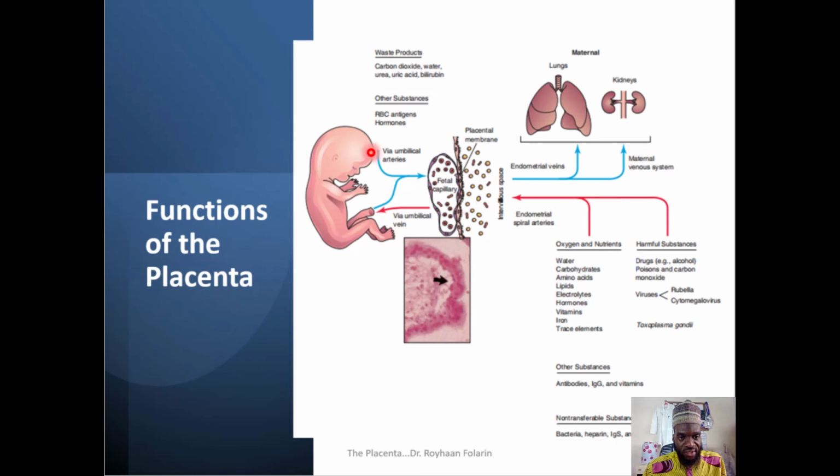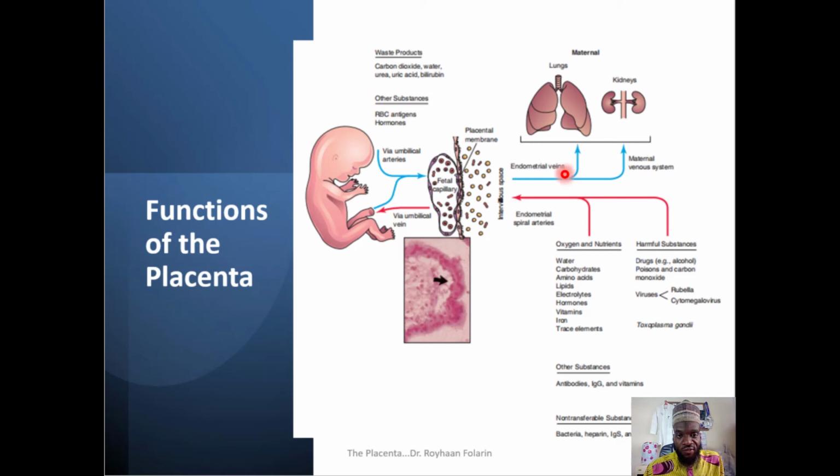And then we have the umbilical arteries going out through the umbilical cord towards the placenta, which is where the mother's endometrial veins pick up this blood that is deoxygenated now and containing a lot of waste.